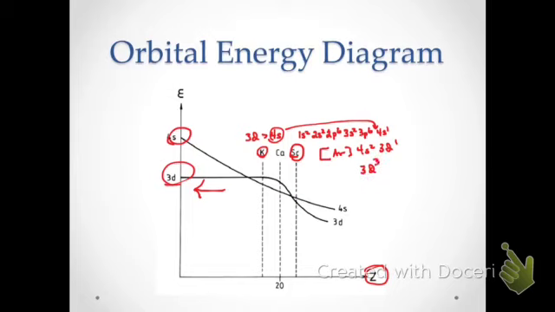If the 3d orbital is lower in energy than 4s, why don't all of these valence shell electrons go into the 3d orbital? Well, the point here is that this diagram is very simplistic, and one has to be careful about its interpretation.